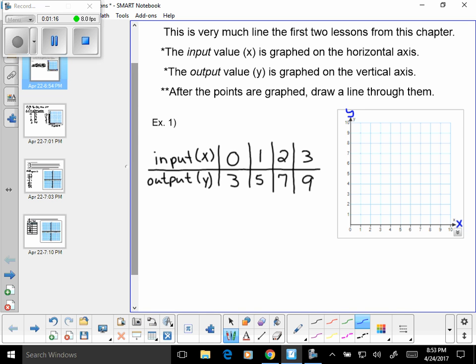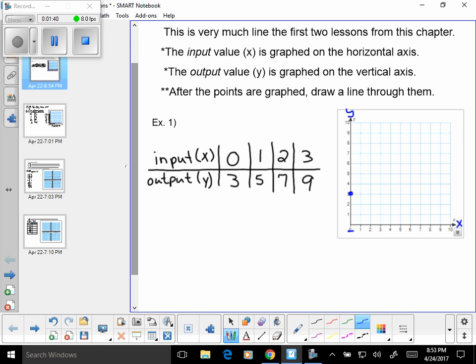Now, the input 0 tells us that we want to be right here where our x is 0. The output value of 3 for y means we want to start at 0, go 1, 2, 3, and make a dot.